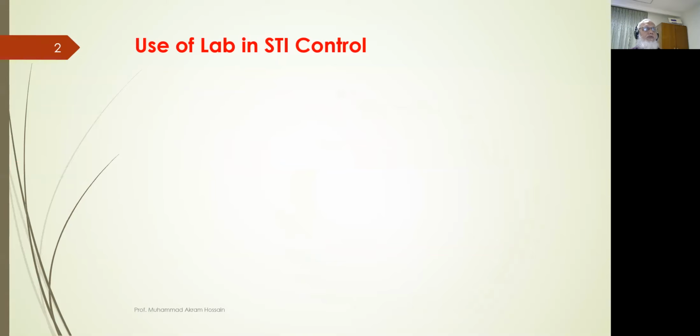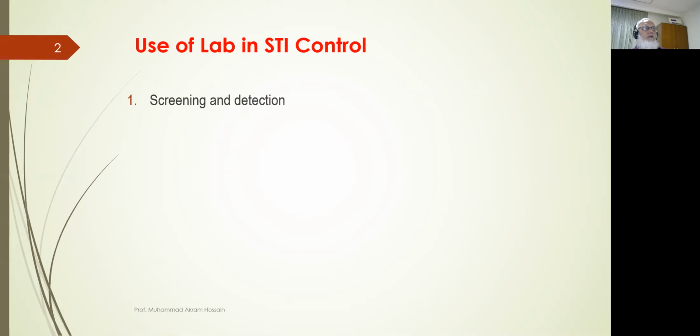Sexually transmitted infections are a public health problem, and there are projects in the control of sexually transmitted infections. This lecture is about the use of the lab in STI control.